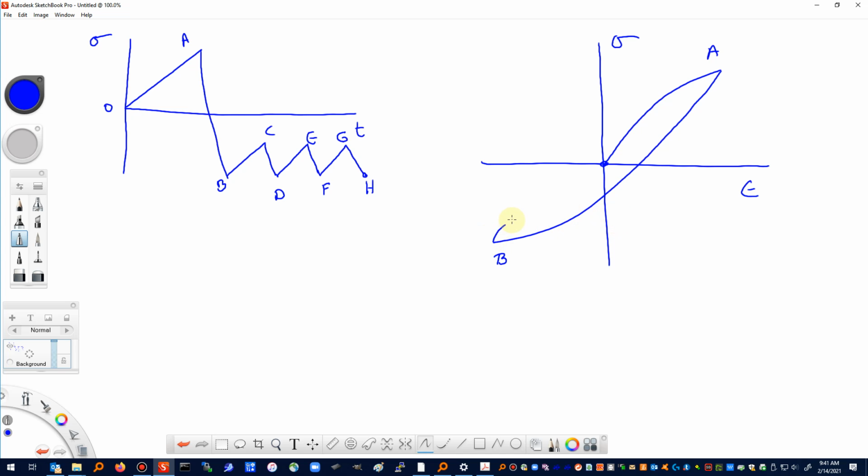And then here we have to C. To D. Back up to E. Back down to F. Back up to G. And then back down to H. All right.